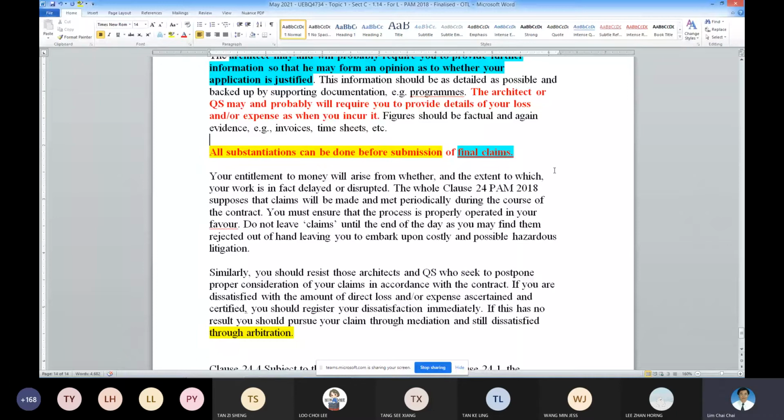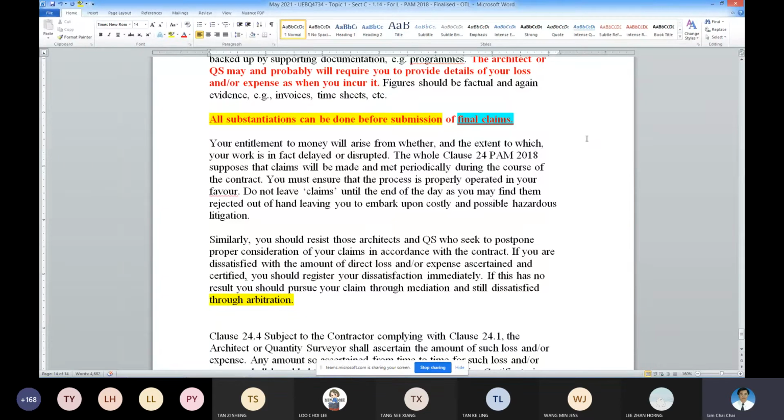Okay, so to me, it's good to submit timely rather than waiting for the last boat or train to submit. And remember, always step number 1 must be complied for your EOT and also for your time. Okay, if the step number 1 is not complied, your contractual rights are extinguished. You can only fall back to your common law rights only.